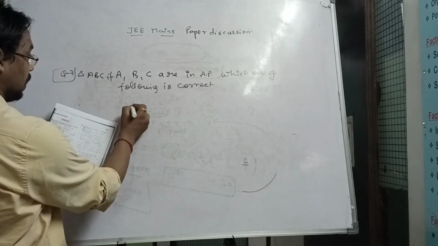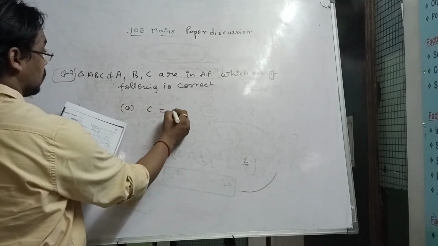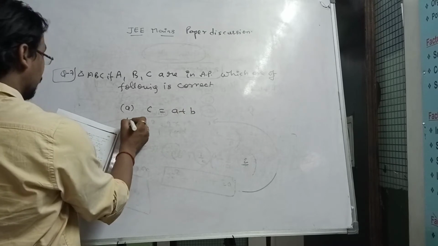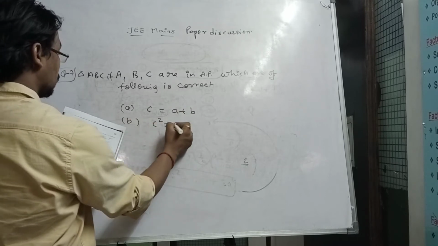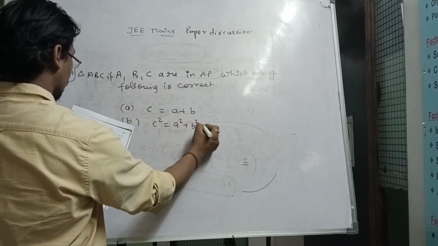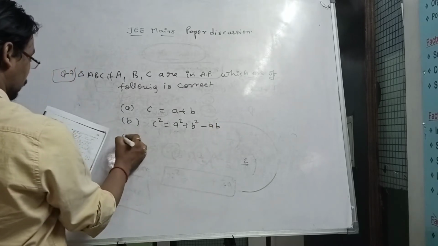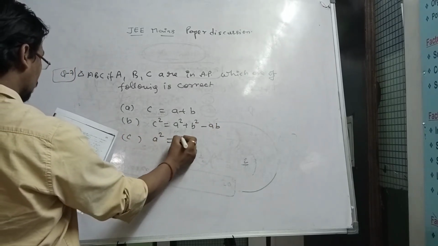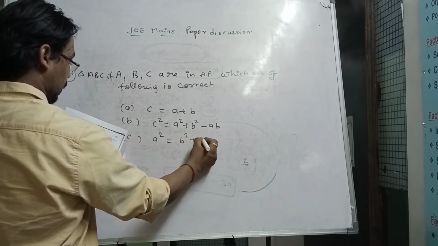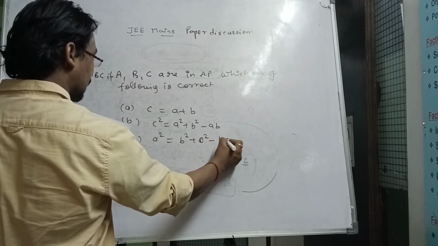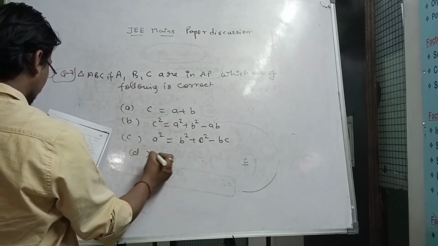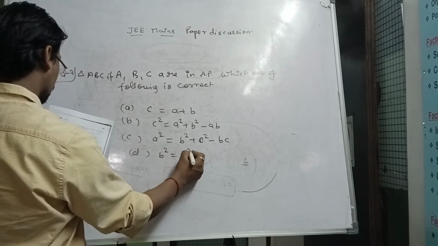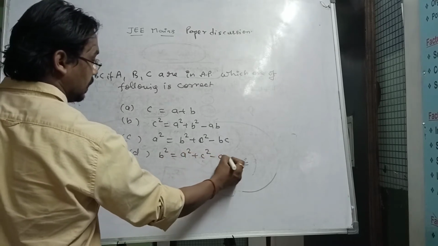They have given option A, that is C is equal to A plus B; B, that is C square is equal to A square plus B square minus AB; C, that is A square is equal to B square plus C square minus BC; and D, they have given B square is equal to A square plus C square minus AC.